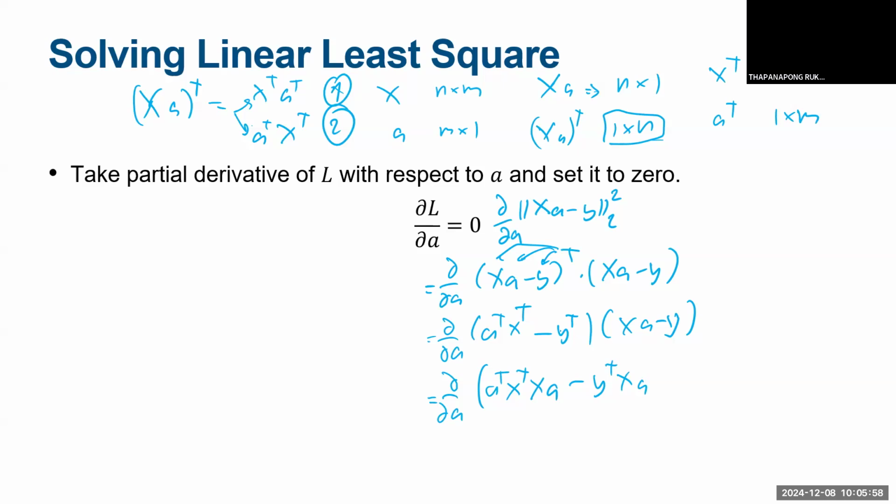And then we multiply this into the end, so we have minus A transpose X transpose Y, and then plus Y transpose Y. So that's our function.